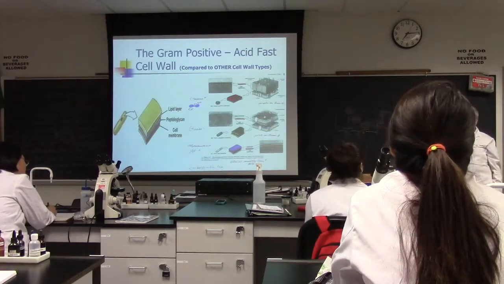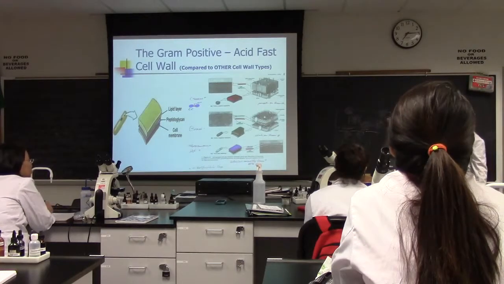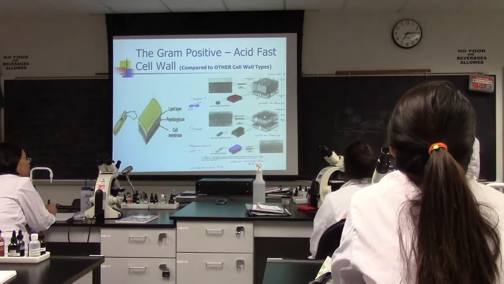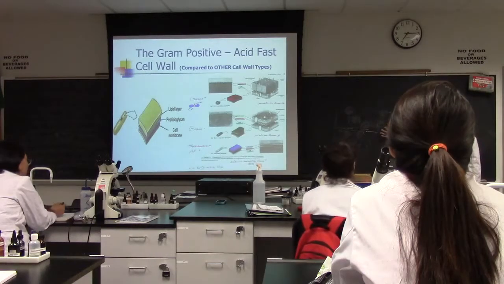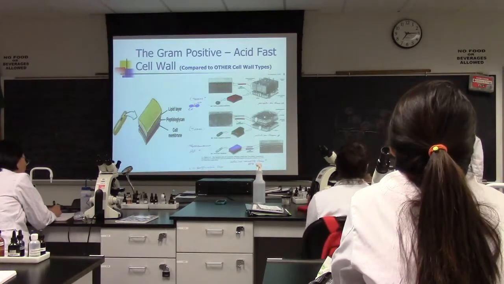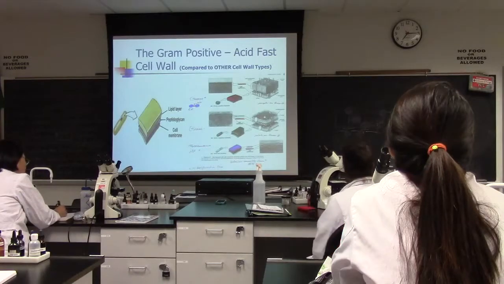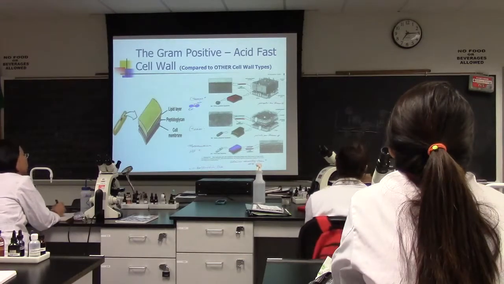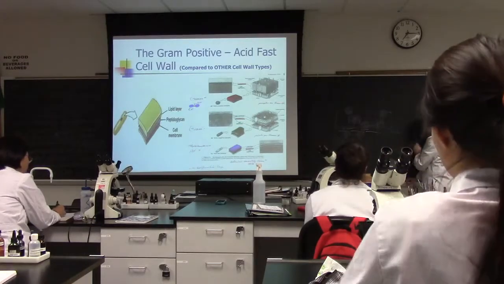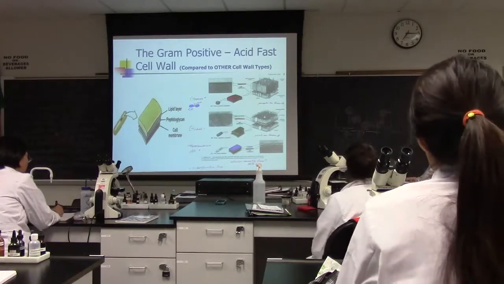Then you add 2 seconds of alcohol. Is it ever going to get it out of the lipid? No. So it's going to remain purple. Even if you put the safranin on it, it's still purple. So why is it 80 to 90% gram positive, but every once in a while you'll get 10% of them that are pink?